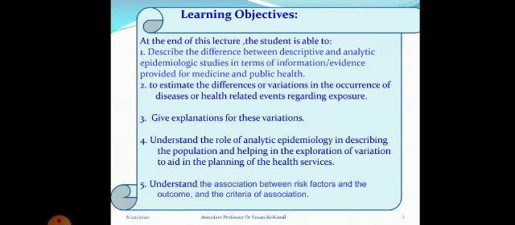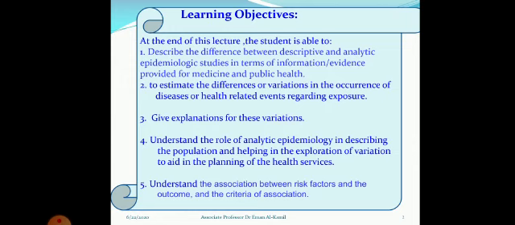So at the end of this lecture, the student will be able to describe the difference between descriptive study and analytical epidemiological study in terms of information and evidence proved for medicine and public health. Also, to estimate the difference or variation in the occurrence of disease or health-related events regarding exposure to certain risk factors, and give explanation for this variation.